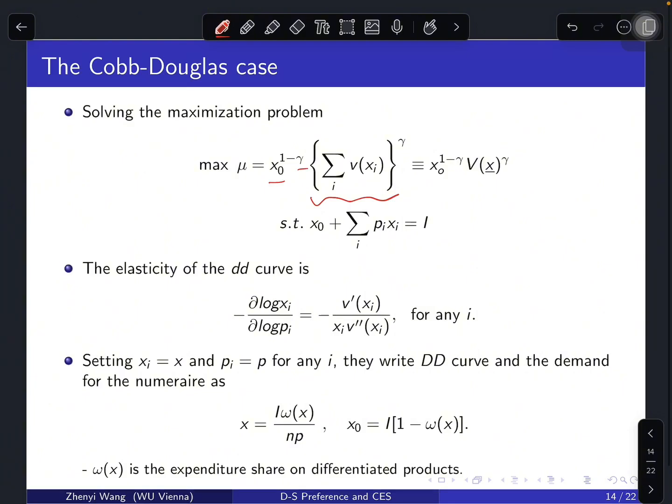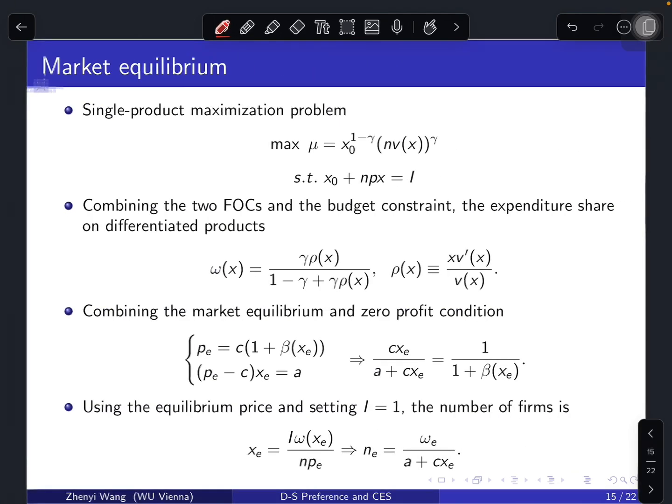The v function is a concave function. Similarly, solving this maximization problem, we could get the elasticity of the lower-case dd curve. And if we assume symmetry, we could write the capital DD curve and the demand for the numeraire in this way. Here we use omega x to represent the expenditure share on differentiated products. This is the main difference from what we have seen in the CES case.